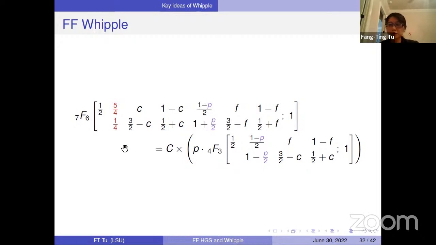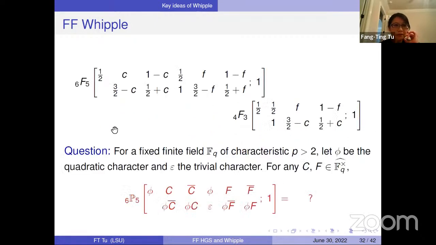Now our goal is to try to relate the 6F5 in the finite field version to this 4F3 in the classical Whipple formula. So now we consider the finite field version of the evaluation of this 6F5. Again, we let phi be the quadratic character, which is a finite field analog of the half integer here, 1/2 and 3/2.